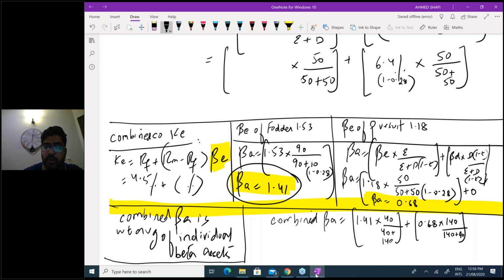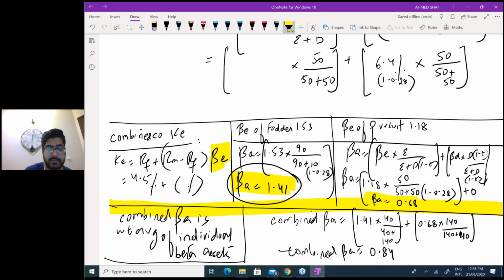That gives 0.84. This is the combined beta asset.